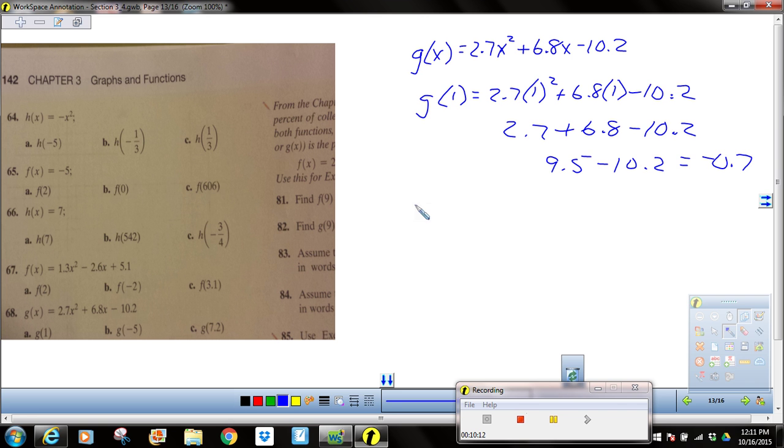The next one is negative 5. 2.7 times negative 5 squared plus 6.5 times negative 5 minus 10.2.